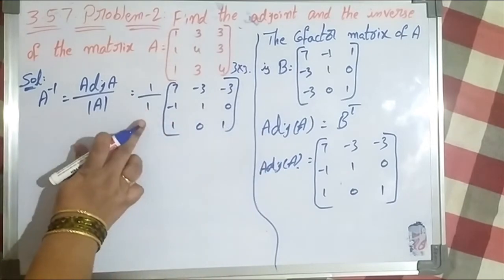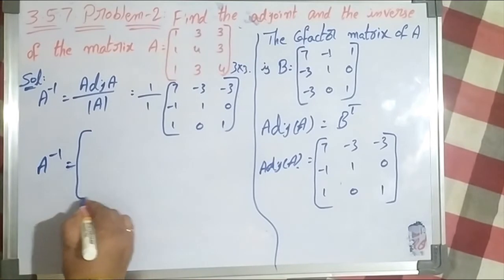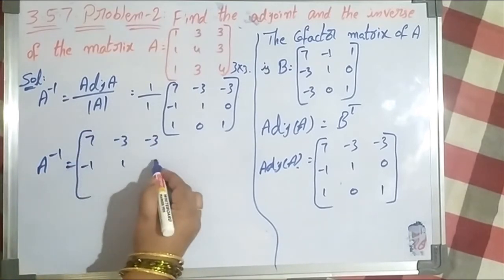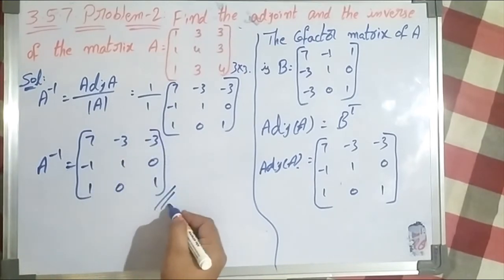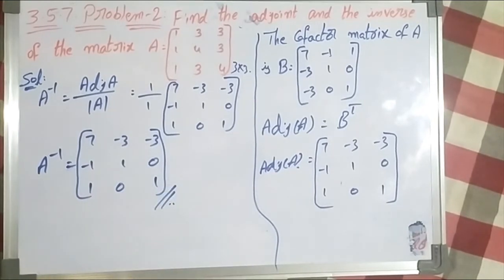Then we multiply with 1. Then A inverse equals 7, minus 3, minus 3, minus 1, 1, 0, 1, 0, 1. This is the inverse of the given matrix.